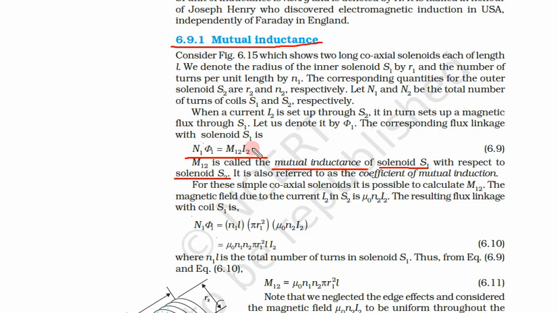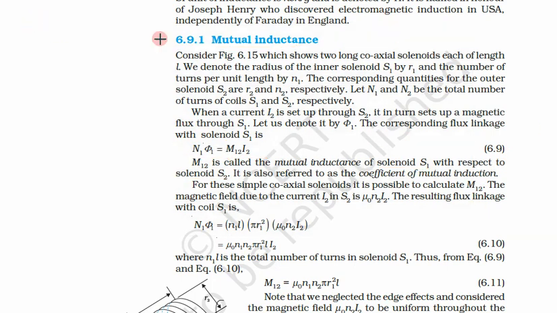So current is flowing in outer solenoid or bigger solenoid, and we are seeing the flux inside coil 1. So we need a constant which converts this current into flux related to first coil or smaller coil. So what is that? That constant is M12, mutual inductance constant.